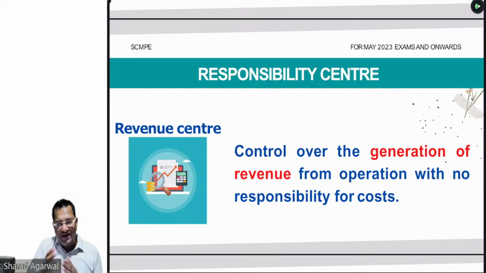Give me a real life example of a department in a company that will be considered as the revenue center of the organization.